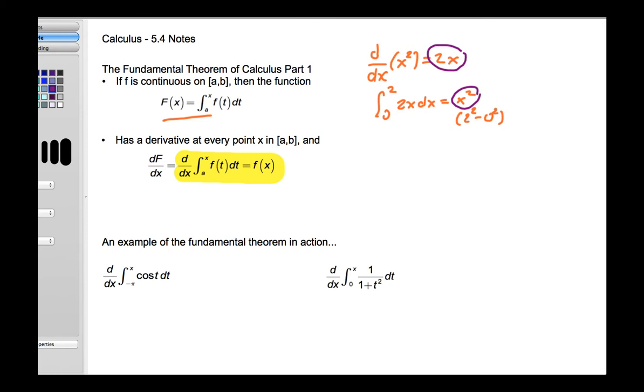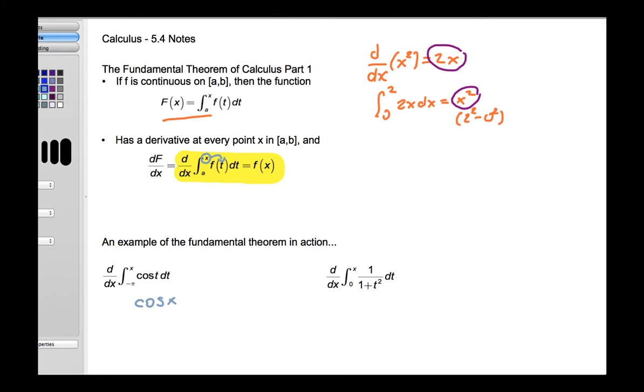So if you look down here at these two examples, just follow the pattern, and you'll start to understand it the more you work with it. So basically, all I'm going to have down here on the bottom is cosine x, and that's my function.